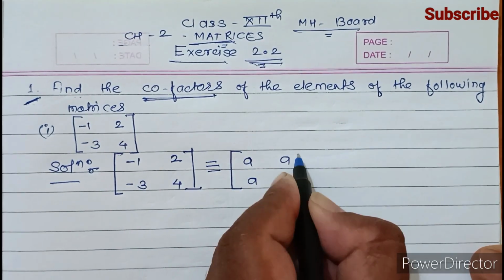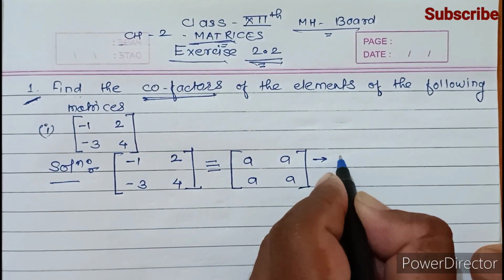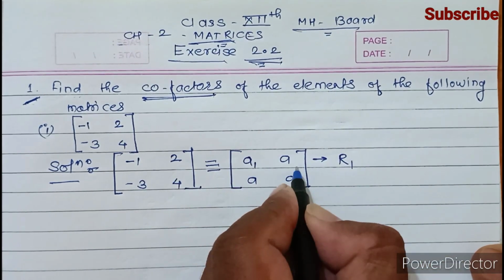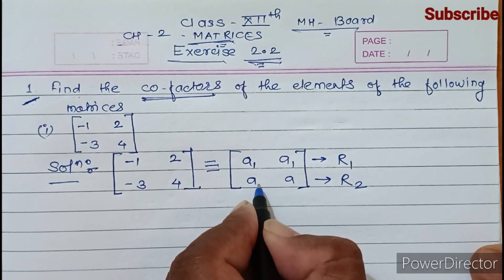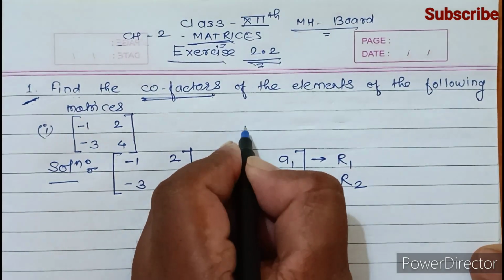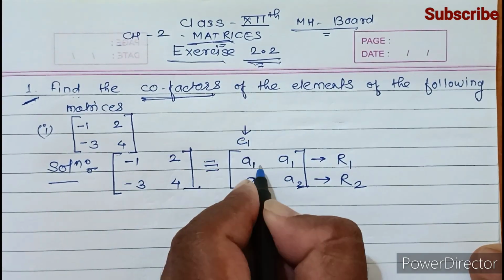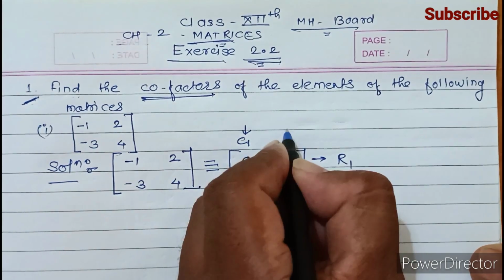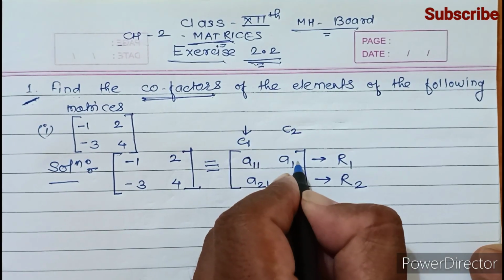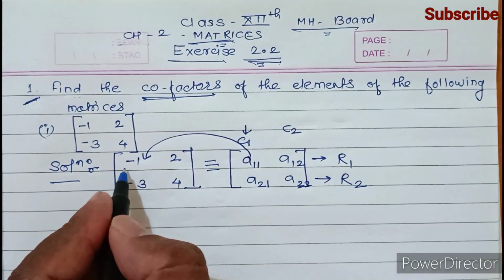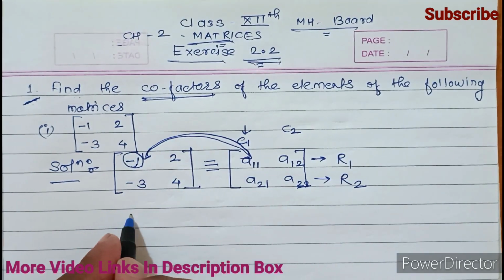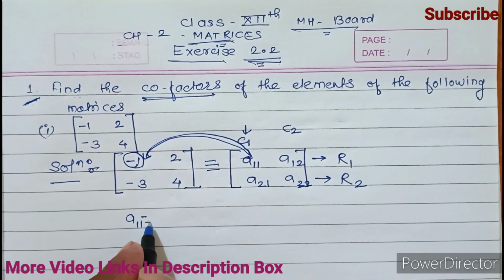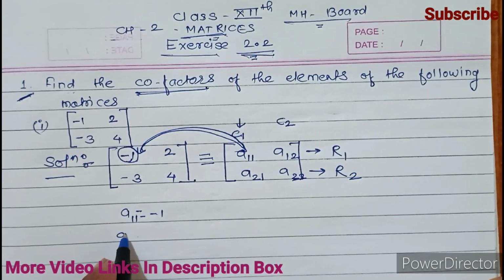Let us consider the positioning of the elements of the matrix. This is the first row, therefore a11. This is the second row, therefore a22. These are the elements in the first column, that is C1, therefore 1 1, and this is C2, therefore 2 2. The position of -1 is a11, therefore a11 equals -1.